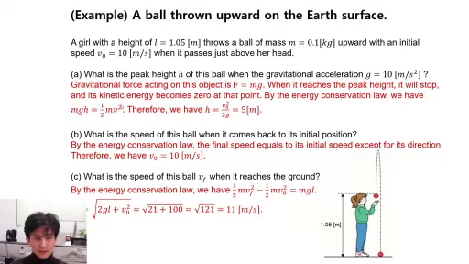So the kinetic energy at the initial point will equal the work done by the gravitational force, that is mg, the gravitational force, times the distance h. So by this simple relation, we have h equal to v0 squared over 2g. When v0 is 10, we have 100 over 2 times 10. So that is 20. So we have h equal to 5 meters.